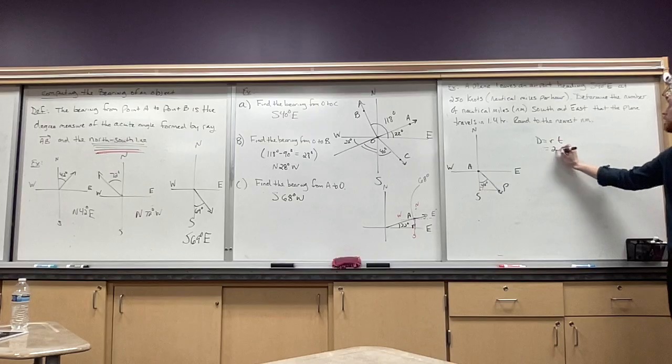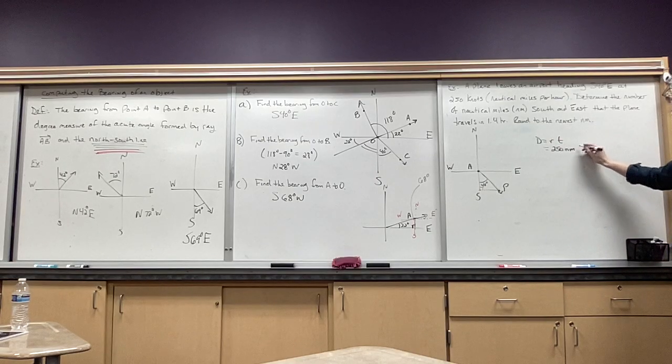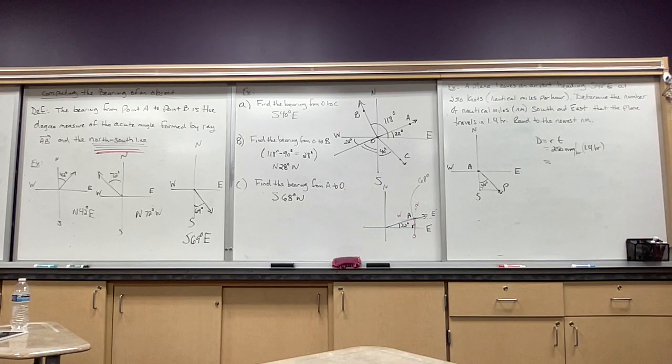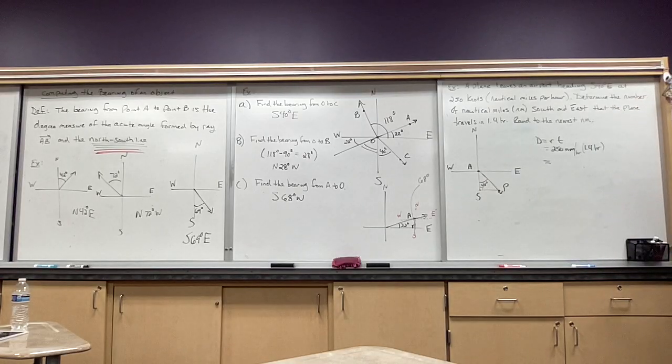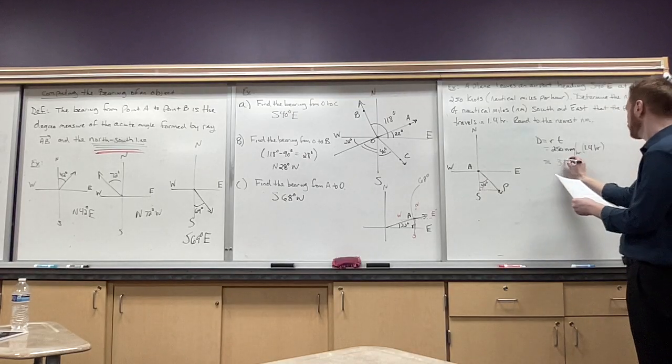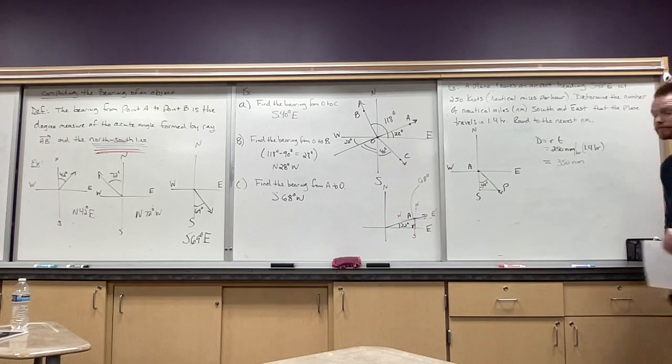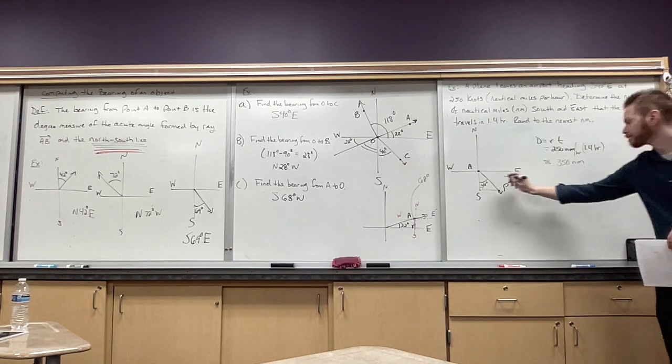My rate is 250 nautical miles per hour, and the time is 1.4 hours. If I multiply these two together, I can get the distance from the airport to the plane, which is what I need. I'm going to need that measurement to find the number of nautical miles south and east. So when we do that, we get 350 nautical miles. This is 350.